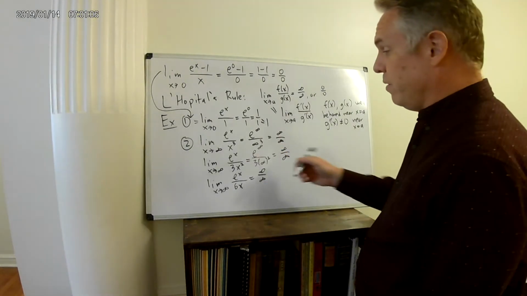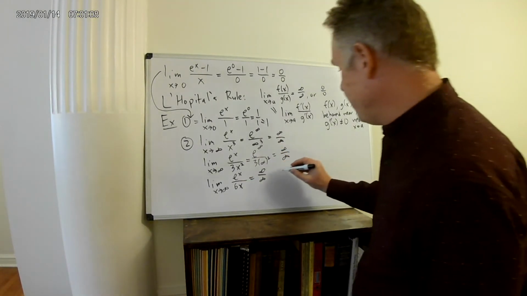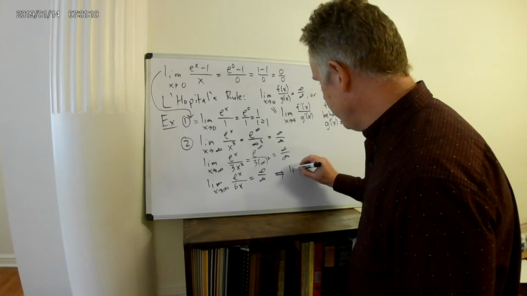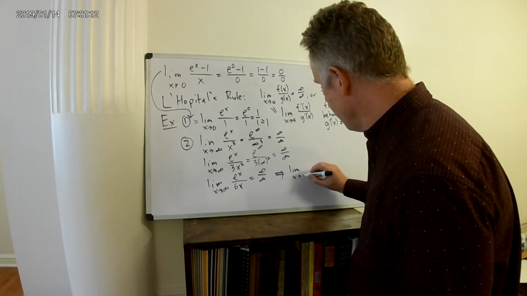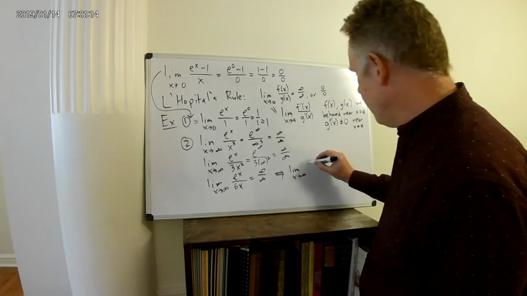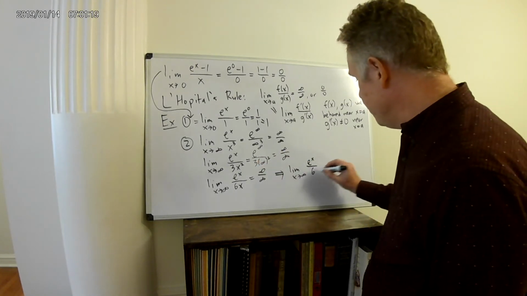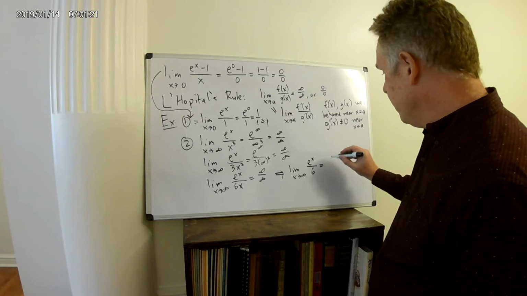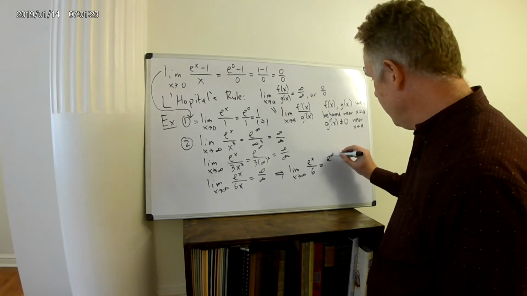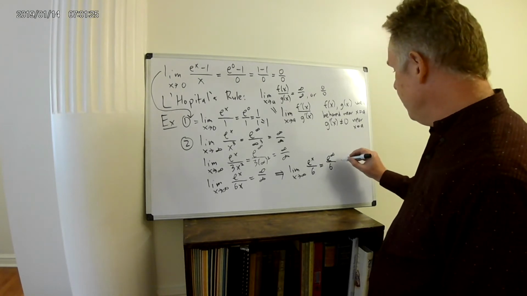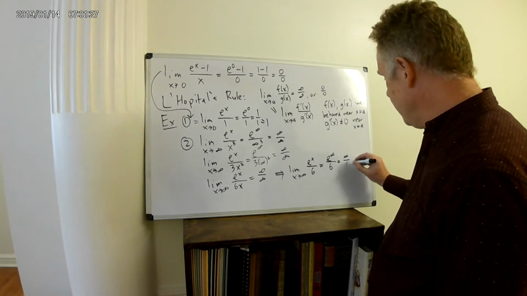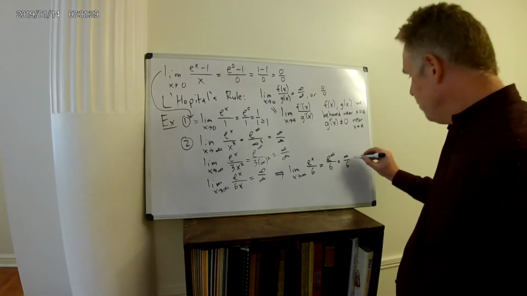We take another derivative of what's upstairs and downstairs separately. So now we get the limit as x approaches infinity of e to the x over 6. Okay, now we plug in, we get e to the infinity over 6. Well, e to the infinity is infinity. We get infinity over 6, which is infinity.